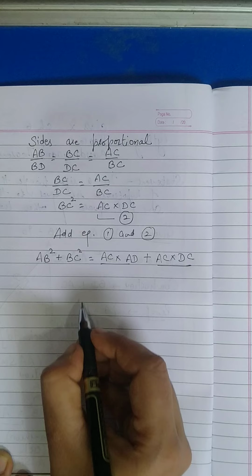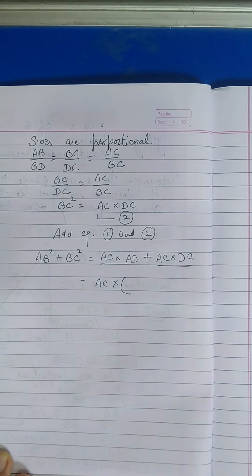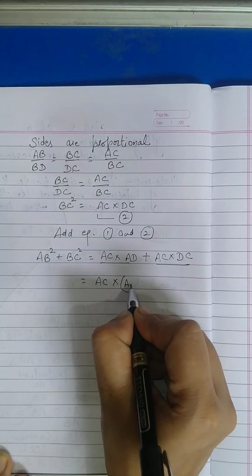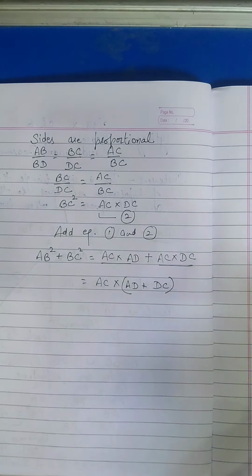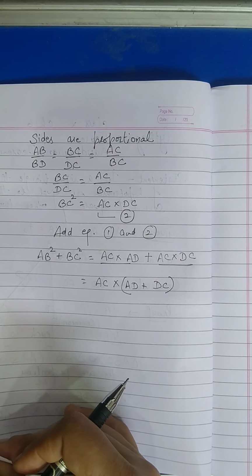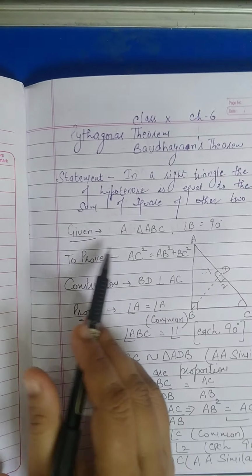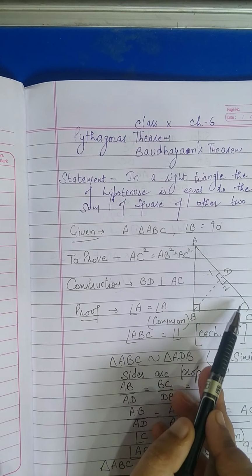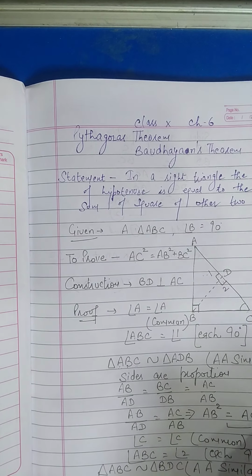Distributive property. AC is common. AD plus DC is left. Now check the diagram. What is AD plus DC? When I check the diagram, AD plus DC means we can get the whole line, that is AC.